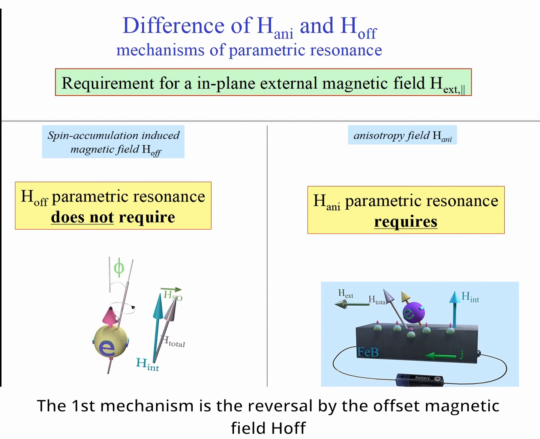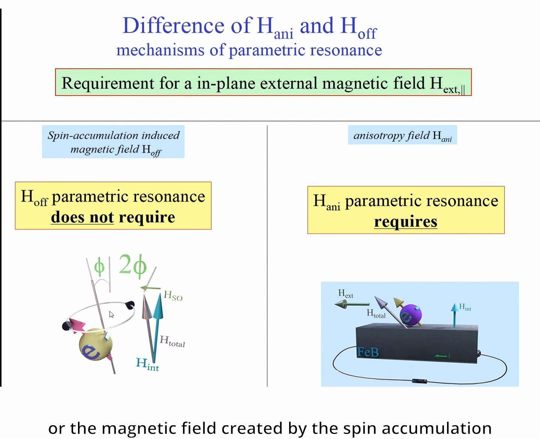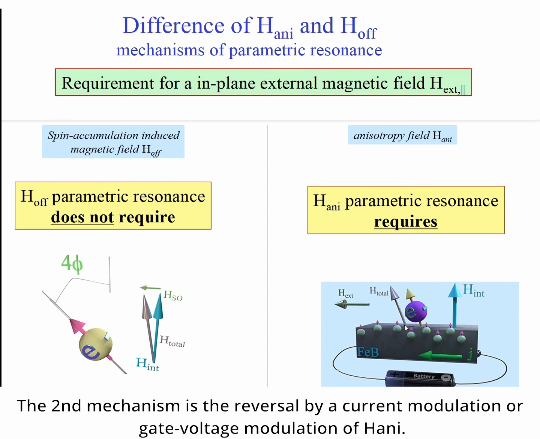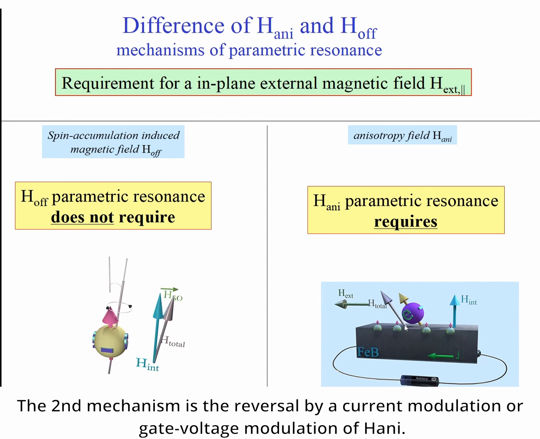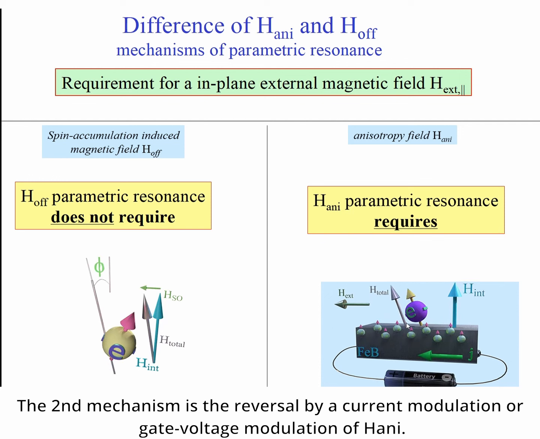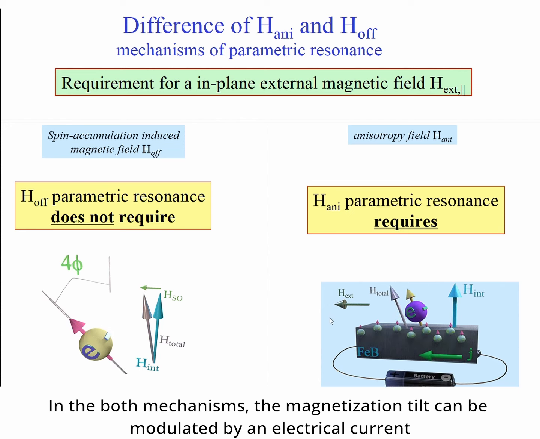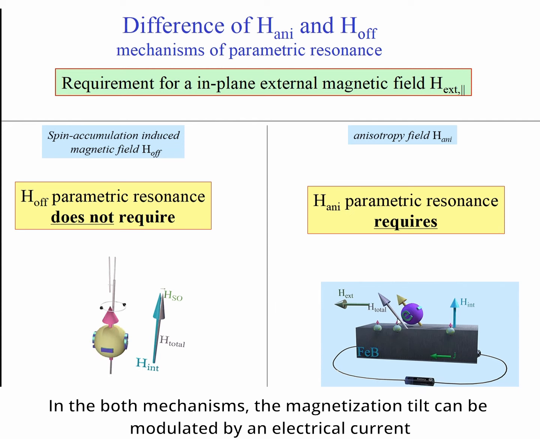The first mechanism is the reversal by offset magnetic field, or the magnetic field created by spin accumulation. The second mechanism is reversal by current modulation or gate voltage modulation of anisotropy field. In both mechanisms, the magnetization tilt can be modulated by electrical current.